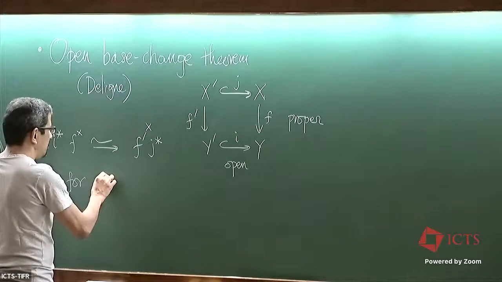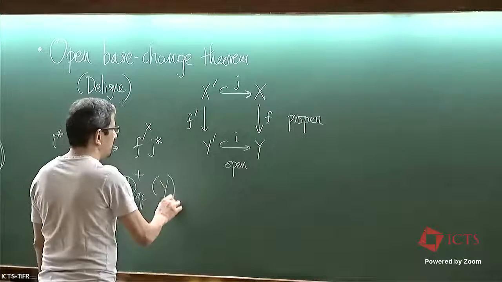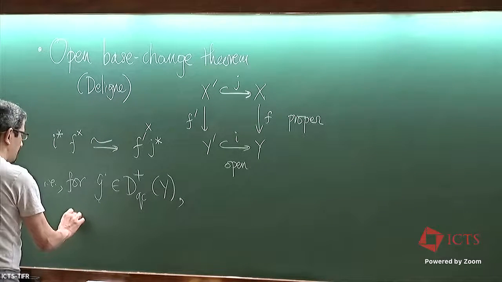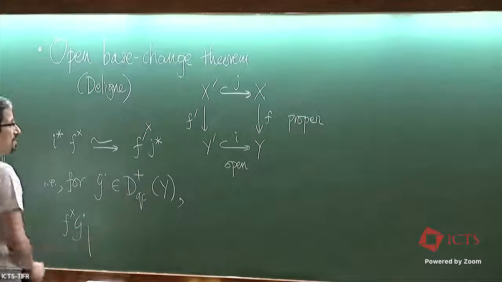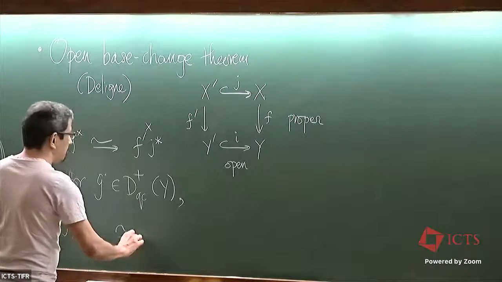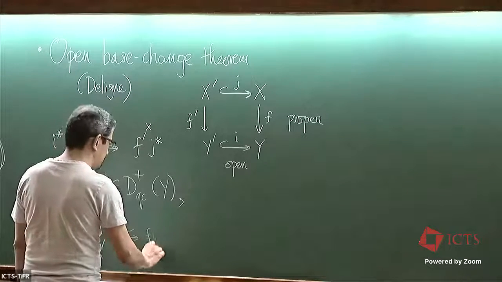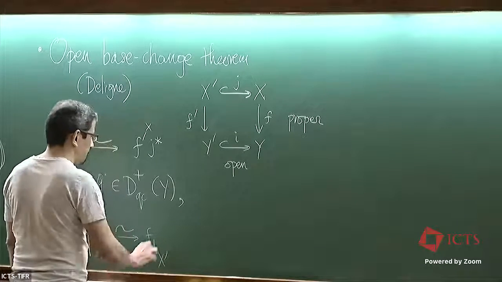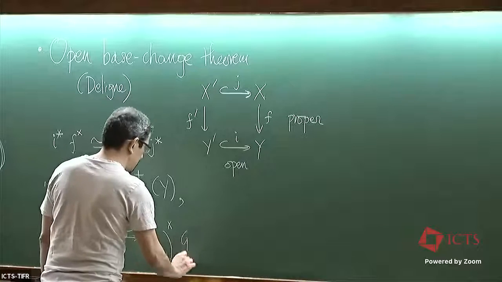So for G dot belonging to D plus of Y, what we have is F cross G dot restricted to the open set X prime. And this is isomorphic to F prime, which is nothing but F restricted to X prime, cross, then G dot.